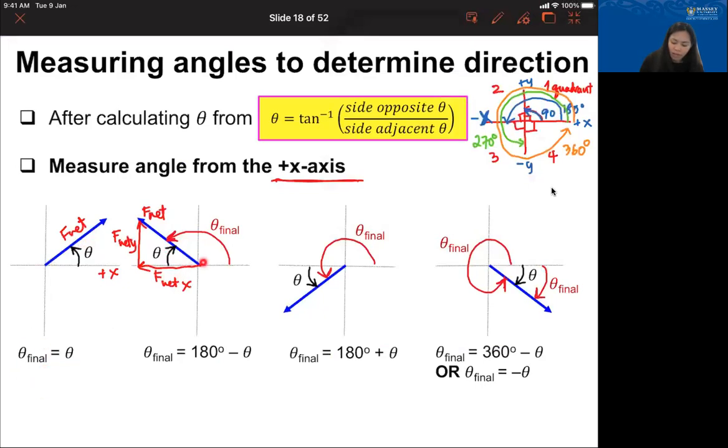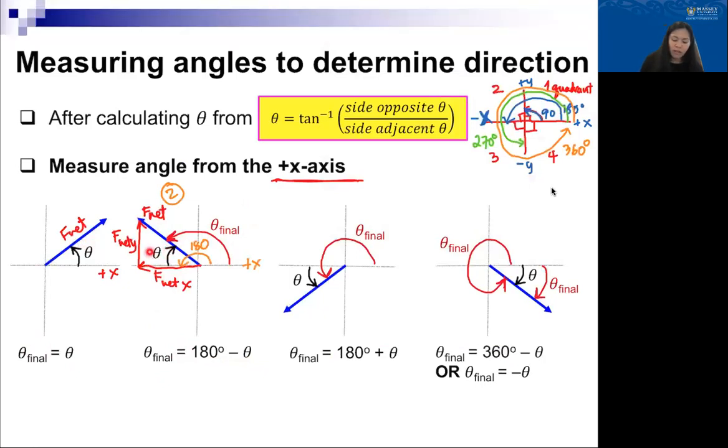If your net force is in the second quadrant, then your final angle should be 180 degrees minus theta, because we know this angle here is 180 degrees, and the final angle is measured from the positive x-axis. So you have to subtract from 180 degrees whatever angle you calculated from the trigonometric equation.